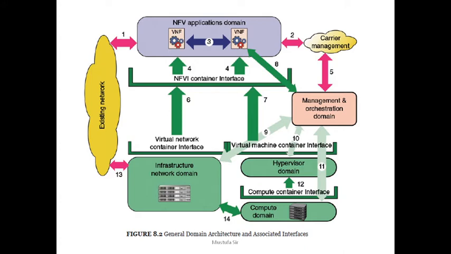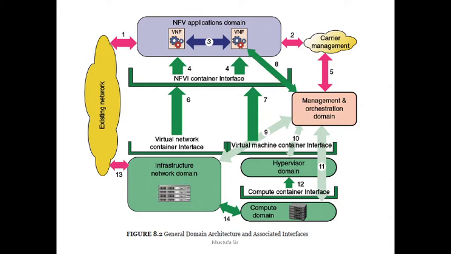Then fourth, you can see here the NFVI container interface. This is the primary interface provided by the infrastructure to host VNFs. Then fifth, here, management of the NFV infrastructure by the existing management system.